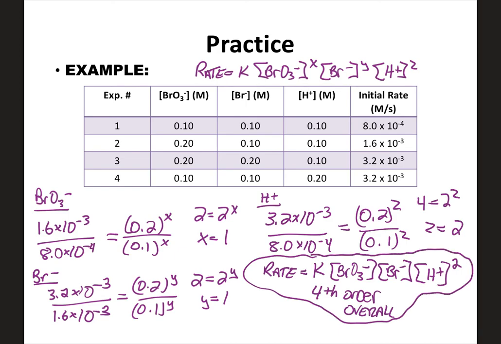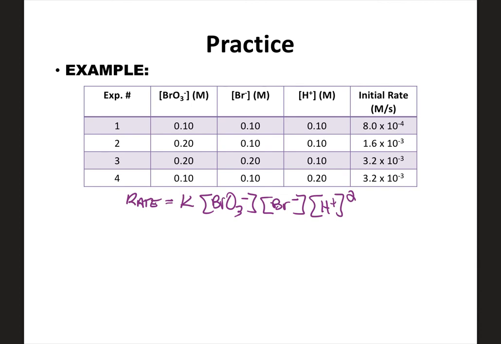But then the last part of the problem wants us to determine the value of K here. In order to determine the value of K, you just pick one of the experiments and plug in all the data. Again, I'm going to pick experiment 1. Typically, I always pick experiment 1. So I'm going to plug in the rate data. It's 8.0 times 10 to the minus fourth.